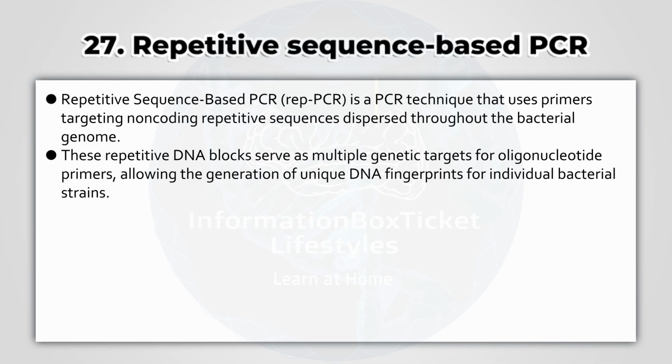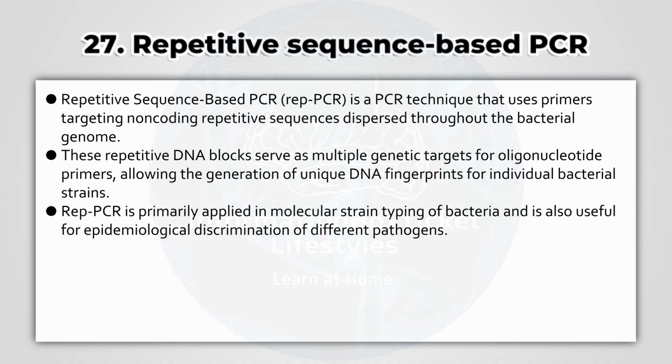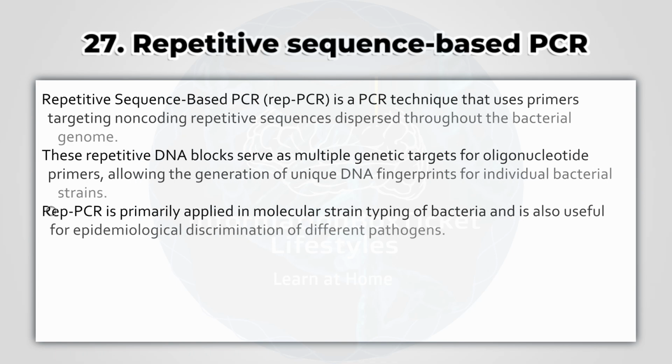These repetitive DNA blocks serve as multiple genetic targets for oligonucleotide primers, allowing the generation of unique DNA fingerprints for individual bacterial strains. Rep-PCR is primarily applied in molecular strain typing of bacteria and is also useful for epidemiological discrimination of different pathogens.